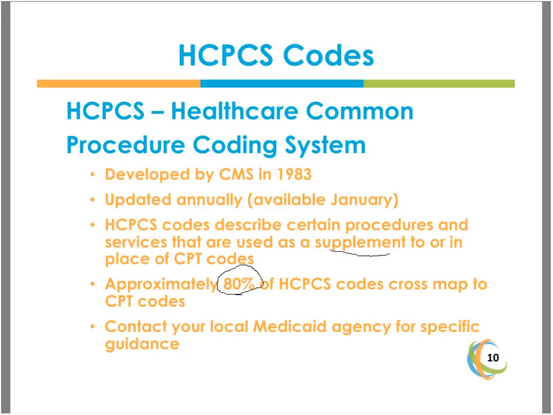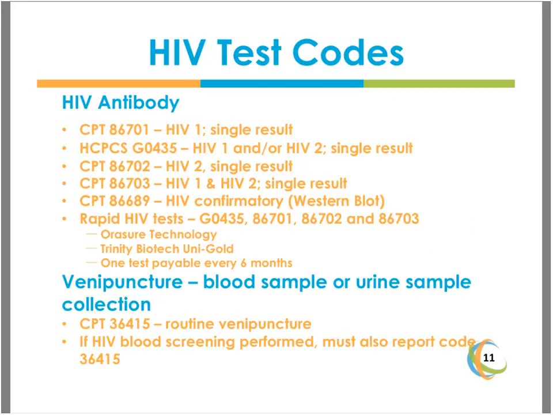The first set of codes that we're going to discuss in the pathology and laboratory section that pertains to HIV testing are your HIV antibody codes. So if you notice, in this section, you'll see a combination of CPT codes as well as a HCPCS code. For the first type of code, CPT 86701, this code is used to report the HIV-1 single result.